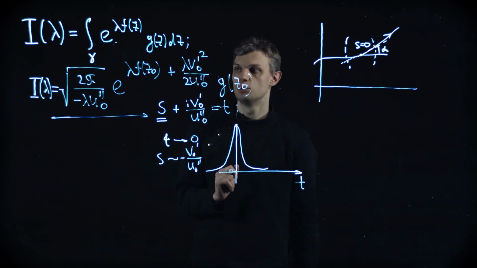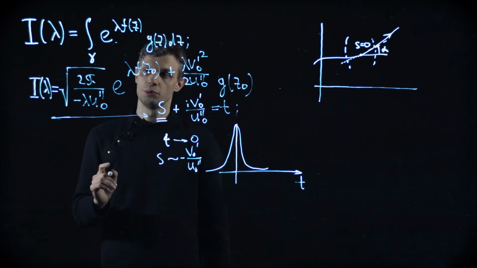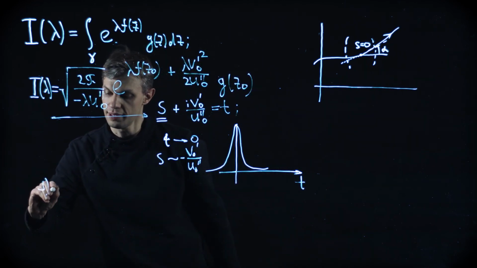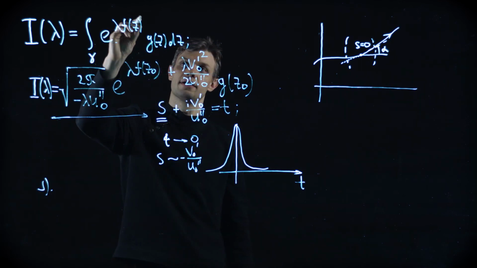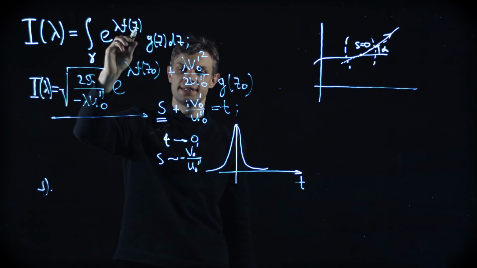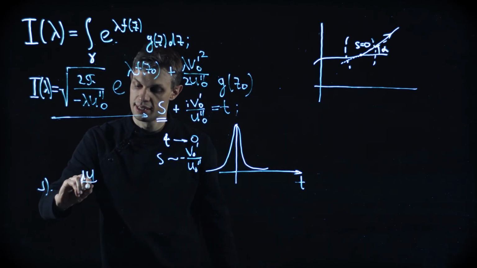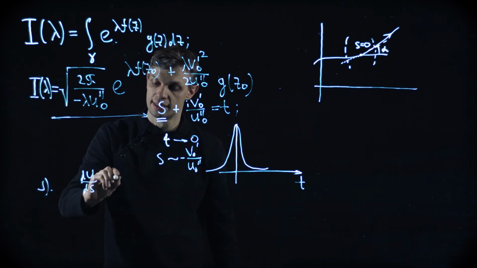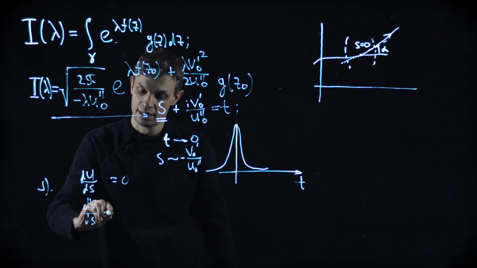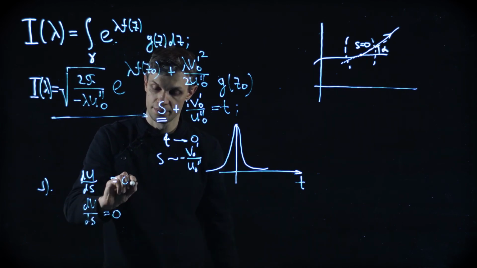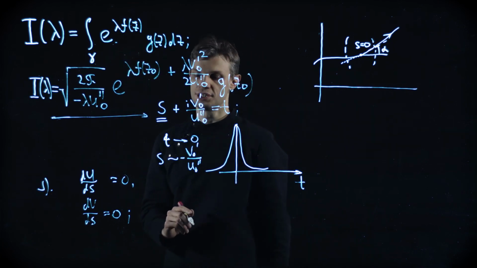All right, so what shall we change? Well, the good thing is that there are points in the complex plane where the function f of z is such that both of its derivatives, du over ds as well as dv over ds, vanish. And those are the critical points of function f of z.